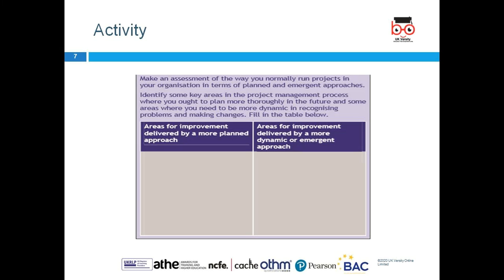Maybe we need to change to the technology we can use. And we need the area of development: improvement delivered by a more planned approach. That wasn't planned. Maybe our managers changing things is not helping. Now think about Corona, dynamic change, so we need to change our approach. So we can think about this in our own project.